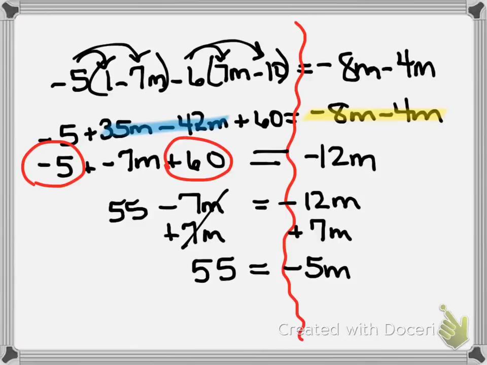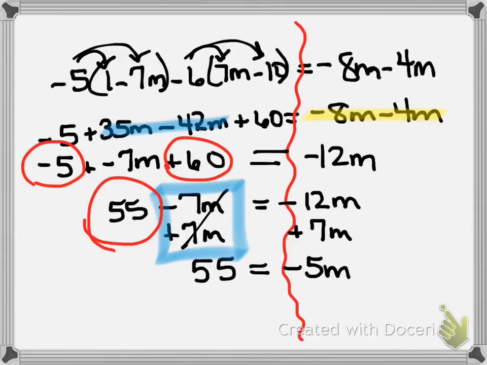Now the reason I added this negative 7m instead of the negative 12 is because I know I want this number by itself as well. I need all the m's on one side and all the plain old numbers on the other. Had I done the opposite, it would have just taken me 2 extra steps to get to the end.